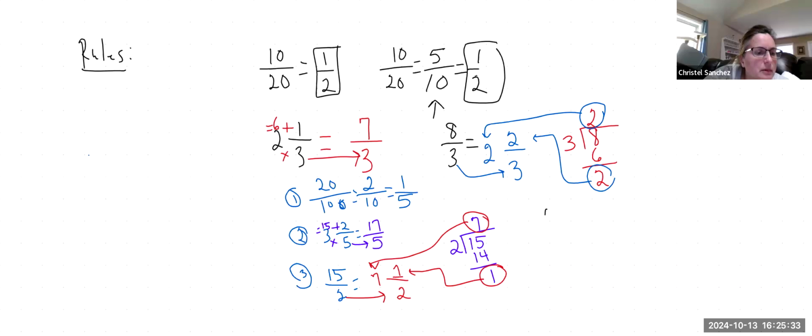So I'm trying to remember where. Oh, there it goes. Okay, that's what I was looking for. All right, so now the first thing that we're going to do is write out, we're going to get to my color here.